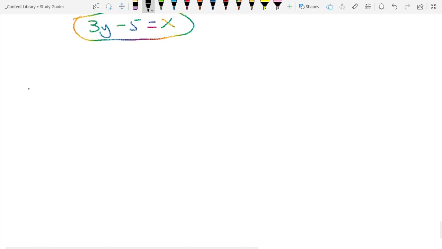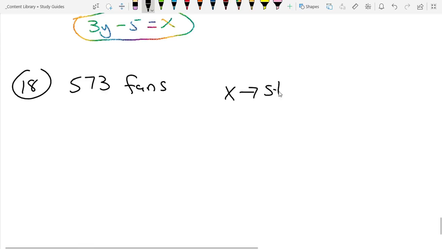18. Word problem. It says, at the game there were 573 fans. And it said that there were students and non-students. They say x is equal to students and y is equal to non-students. And they give you a whole bunch of expressions asking you which one of these expressions could represent the situation.